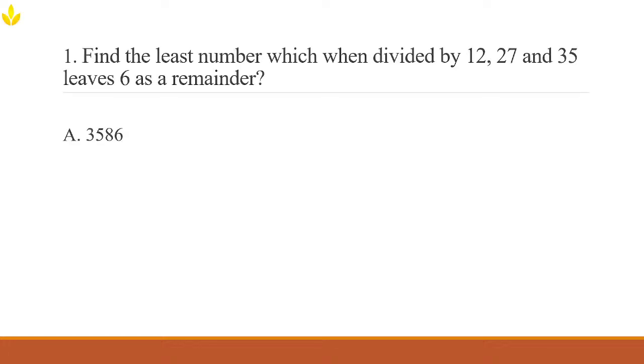So the first question goes like this. Find the least number which when divided by 12, 27 and 35 leaves 6 as a remainder.